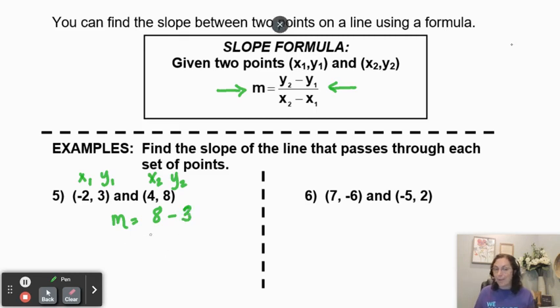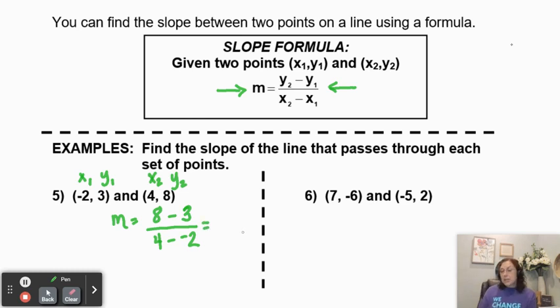That's it on the top, right? Now watch when I do the bottom though, because it gets a little tricky with this negative. So I have to take my second x, that's what x2 means, and subtract my first x. And notice I did have to do subtract negative, okay?